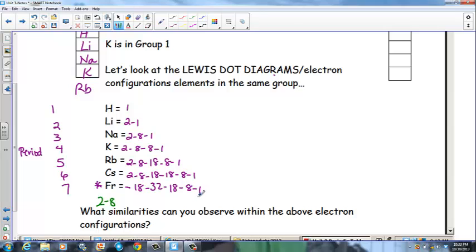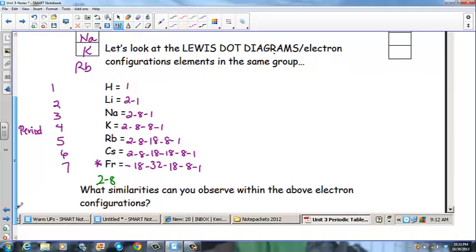So there are 7 energy levels, 1 being on the outermost energy level. Remember, the most energy will always exist in that valence shell. Doesn't matter how many you have, it still will have the most energy on the outside. So we have to look at the similarities that we can see within the above electron configurations.